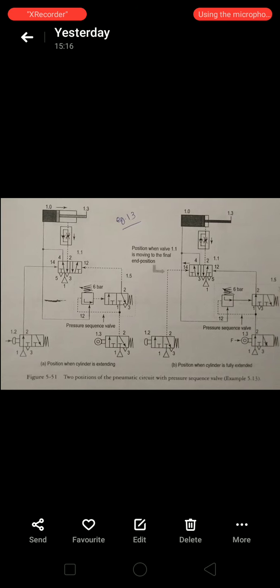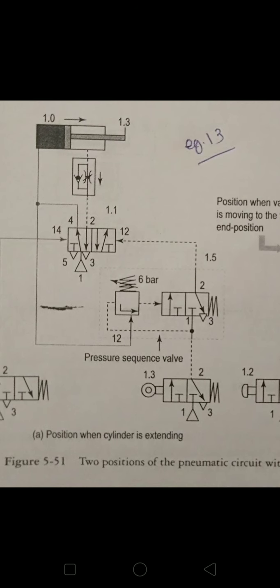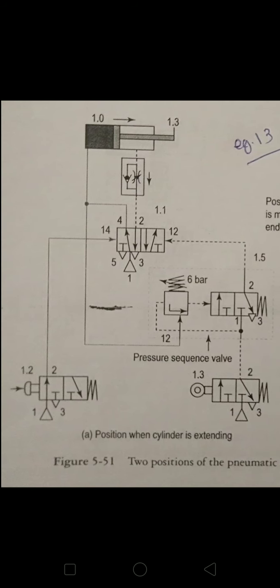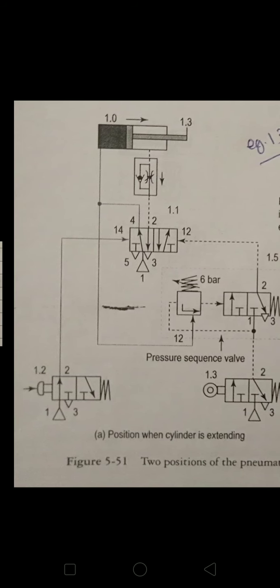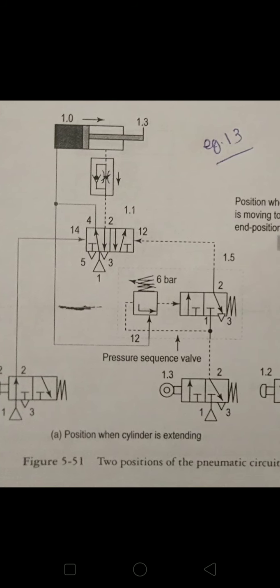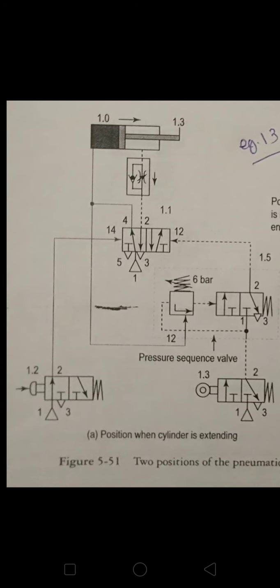So this is how this thing works, right? You can see here the two positions for a pneumatic circuit for the control task. When the cylinder is extending and when the cylinder is fully extended, only these two things are shown to you, right?